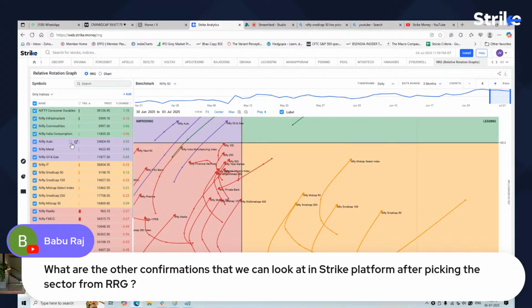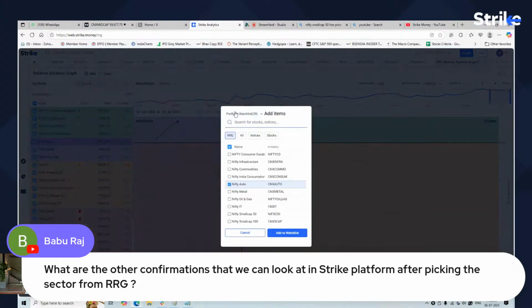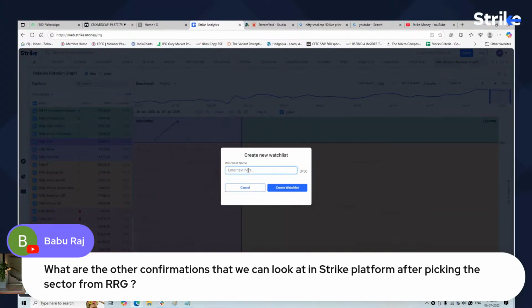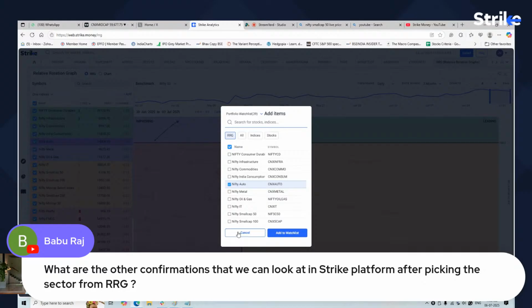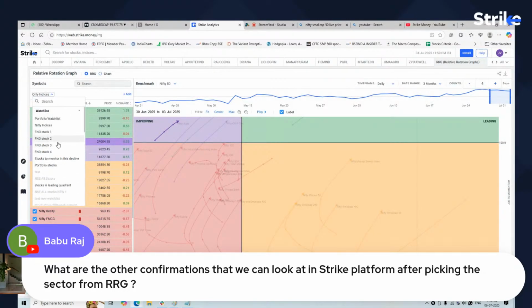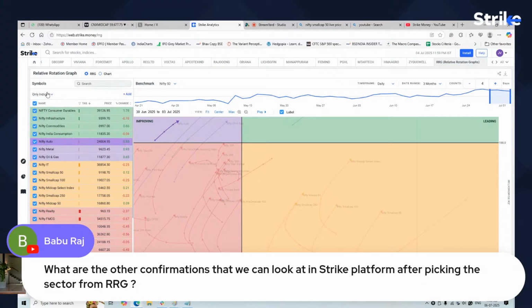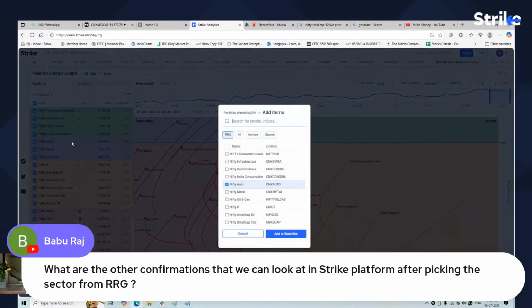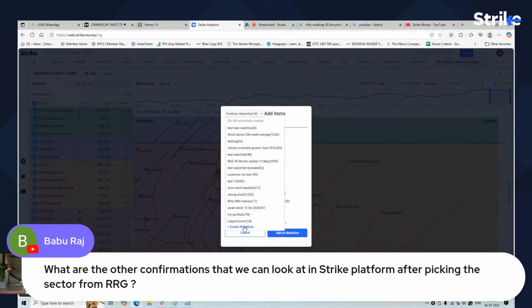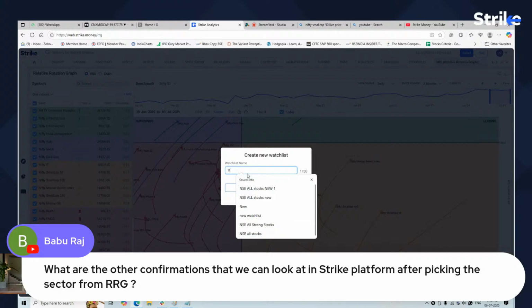So I clicked over here and made a watch list, Nifty indices on RRG. You can see I have made one watch list, which is Nifty RRG indices. I created a new watch list by clicking over here and named it Nifty RRG indices.